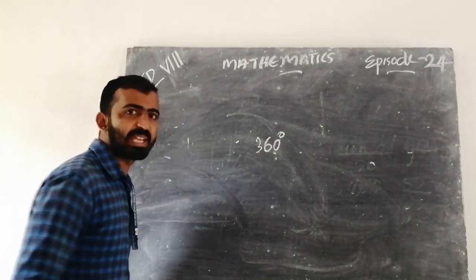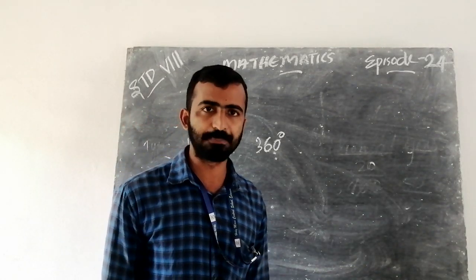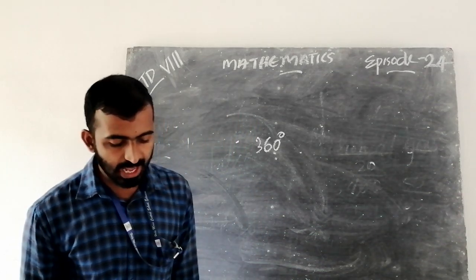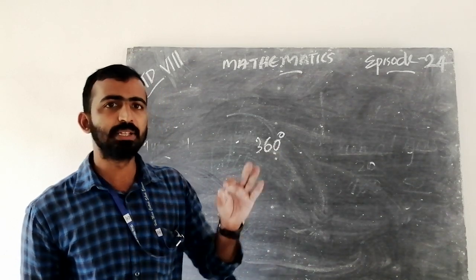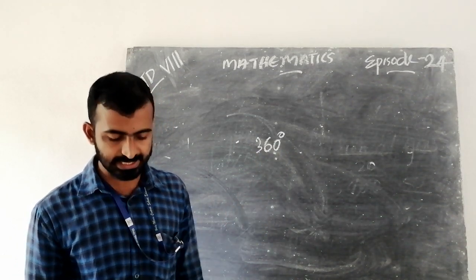We take the fractions and multiply them by 360. We know that the total angle at the center of a circle is 360 degrees. The central angles of sectors are fractions of 360 degrees.